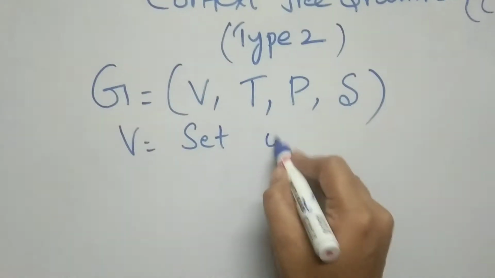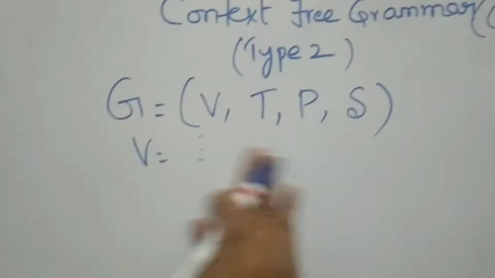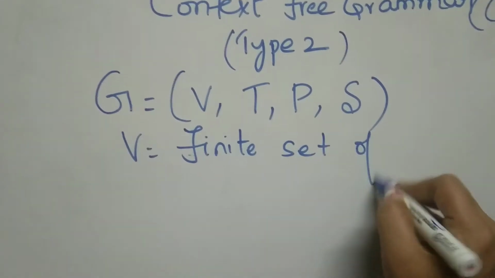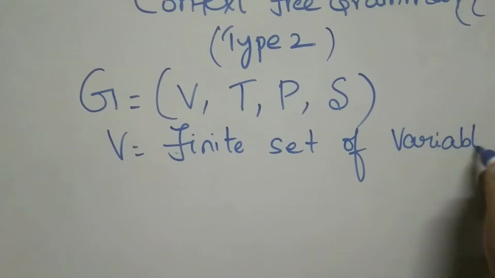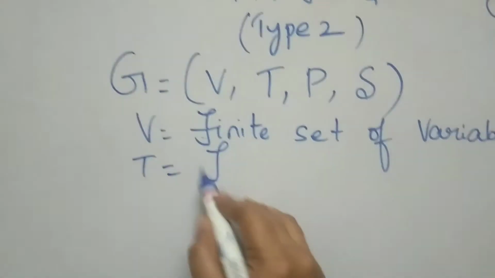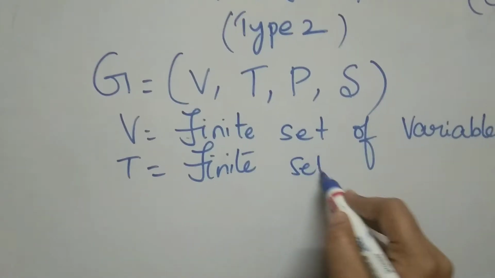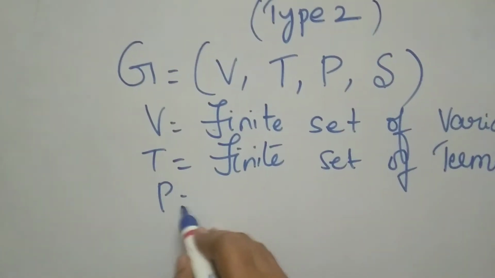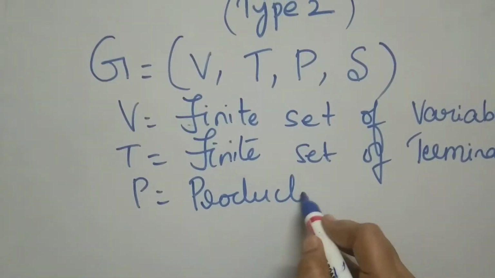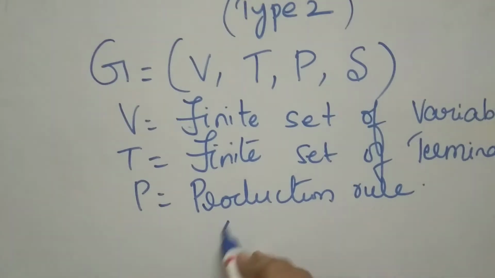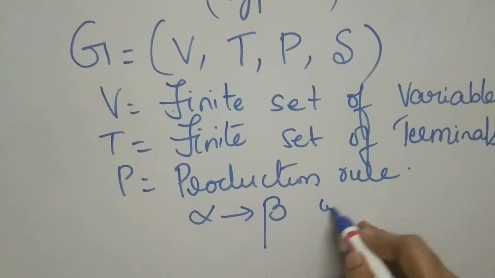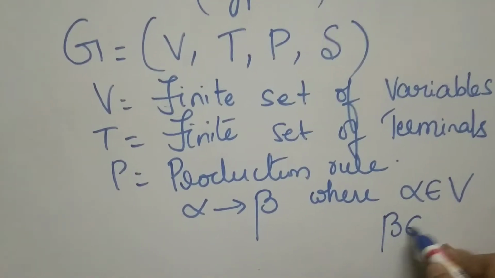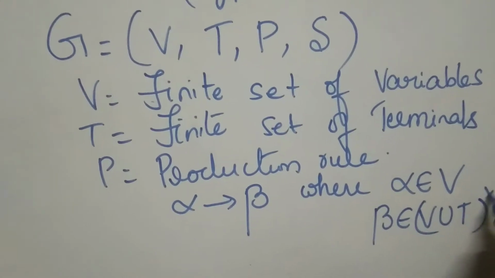V is a finite set of variables, T is a finite set of terminals, and P is a production rule defined as alpha tends to beta, where alpha belongs to the variable set and beta belongs to (variable union terminal) whole star.